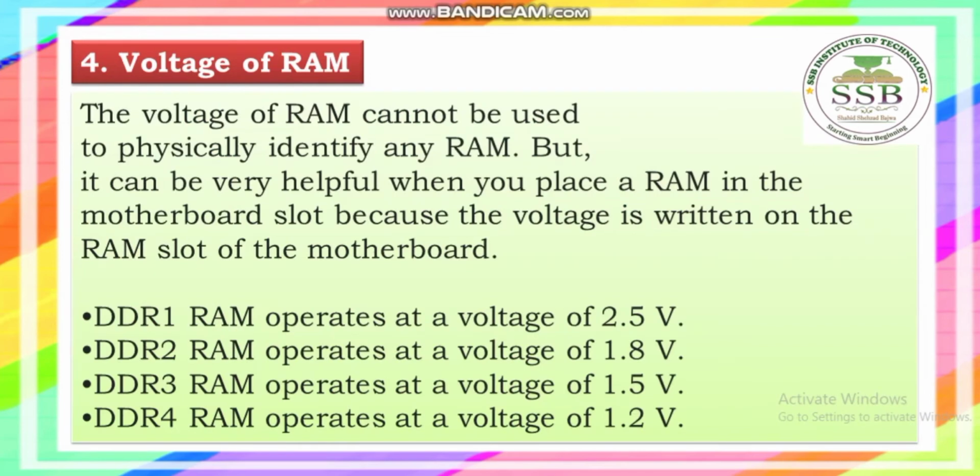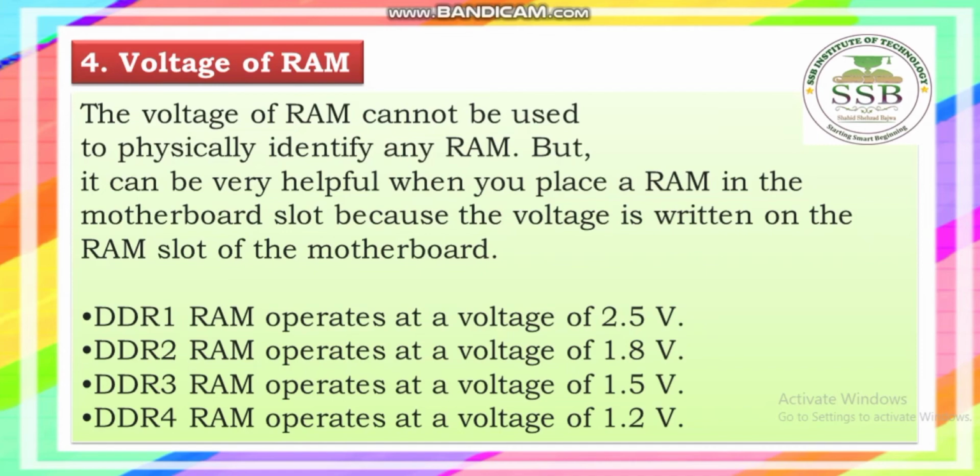Voltage of RAM. This is basically how RAM consumes electricity, how much voltage they need. The voltage of RAM cannot be used to physically identify any RAM, but it can be very helpful when you place a RAM in the motherboard slot because the voltage is written on the RAM slot of the motherboard.